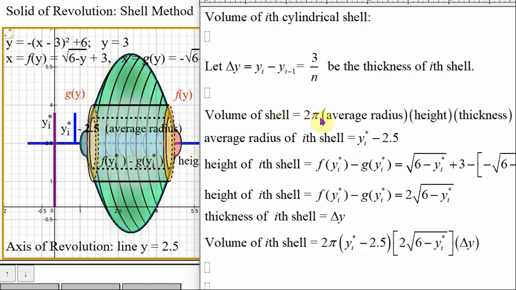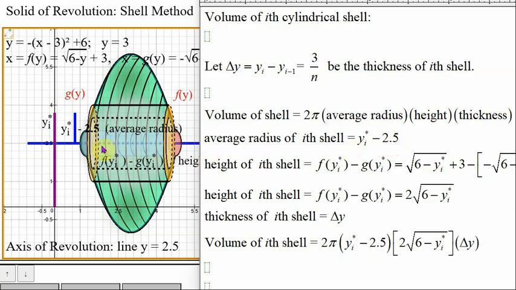The volume of a cylindrical shell is 2 pi times the average radius times the height times the thickness. We found that the average radius for this ith shell is y sub i star minus 2.5.